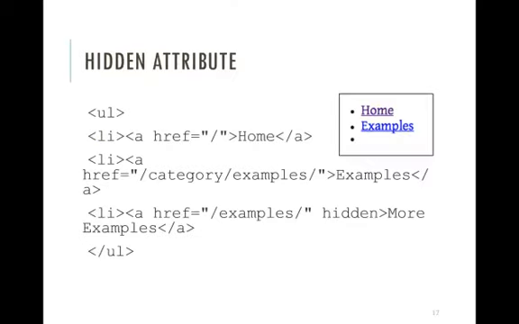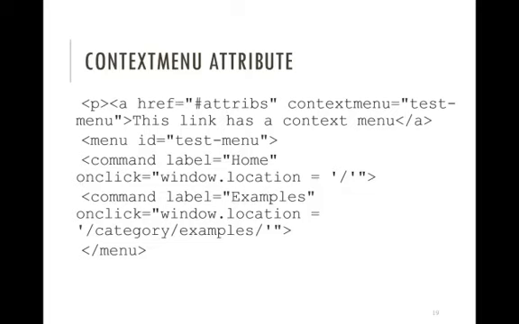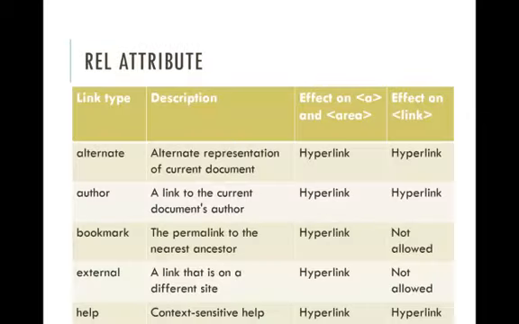We also have what's called hidden attributes. In Safari and Firefox, hidden attributes are not supported, so you want to set your style to display: none. We also have the contextmenu attribute.